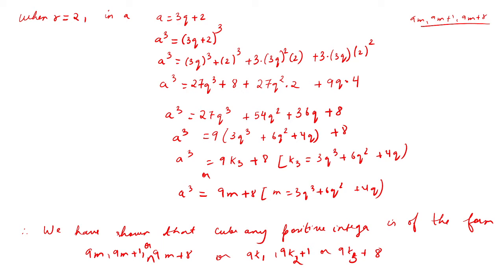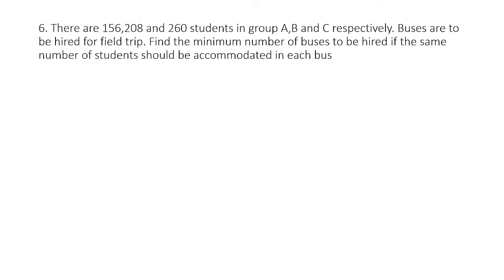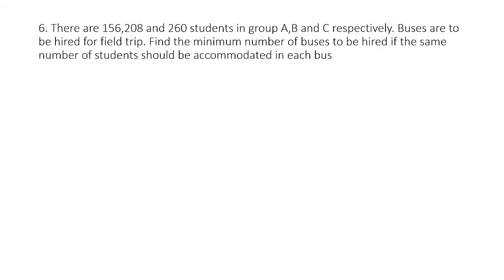All right, so quickly moving on to the last question. This is the question which is given to us. Solution: there are 156, 208 and 260 students in groups A, B and C. Group A has 156 students, group B has 208, group C has 260.